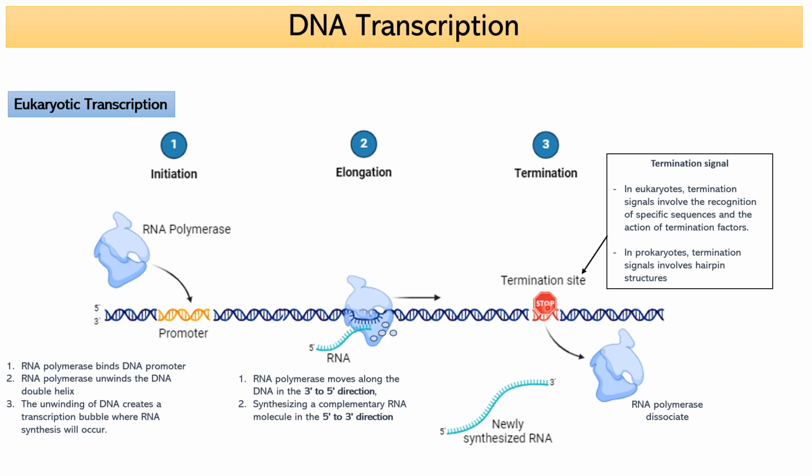However, in prokaryotes, it's more simple, and it involves the recognition of a hairpin structure. This is the process by which at the end we get a pre-mRNA, which is then going to be spliced, and also have the 5' G cap and the 3' tail added.